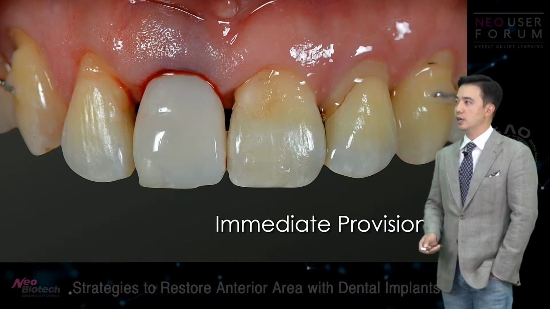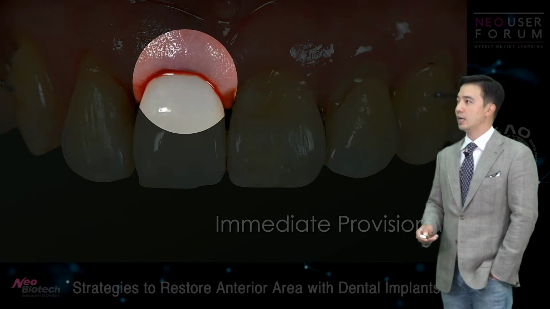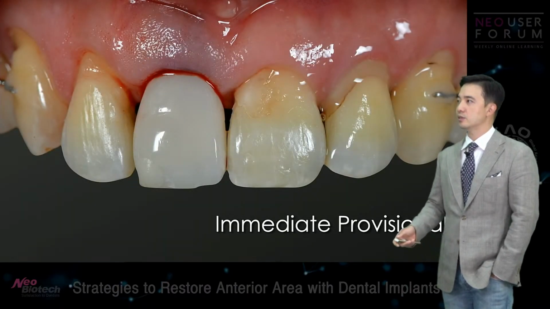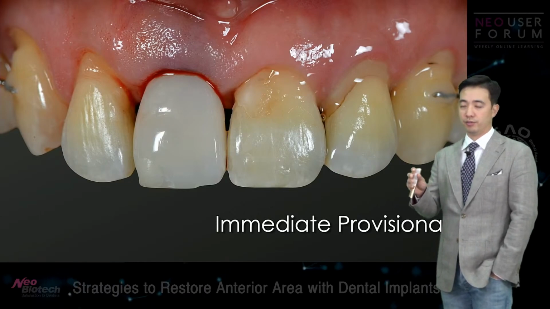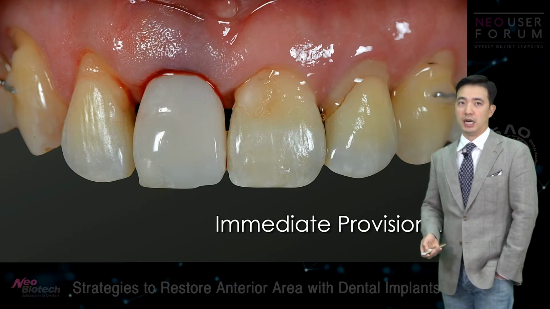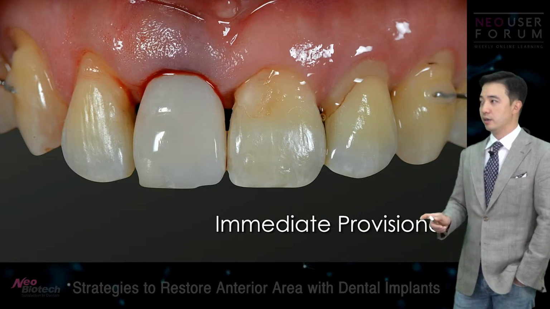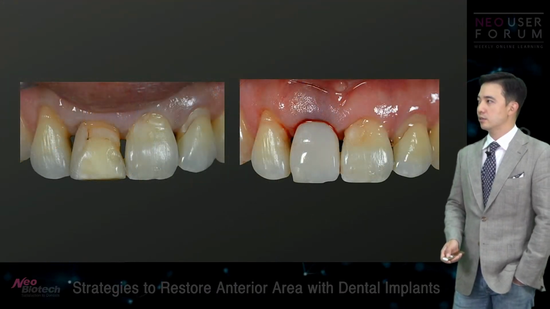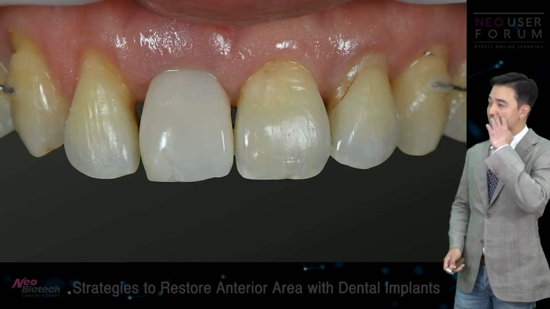It's interesting to see how we had an immediate recession after placing the implant. So I needed that 2 millimeters of soft tissue height to be prepared for this recession, and it really worked out well.